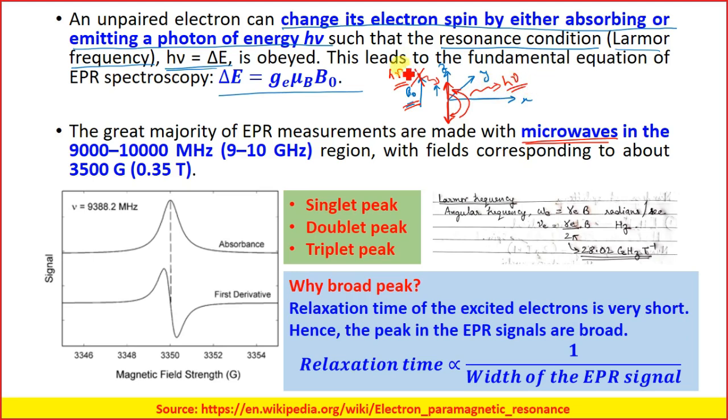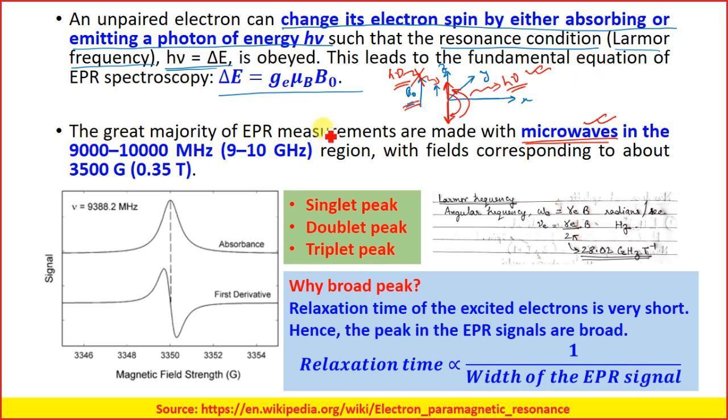Now since it has absorbed microwave radiation, and in EPR spectroscopy we have talked about that microwaves are being used, it will also release microwave radiations, and those are detected by the microwave detector.